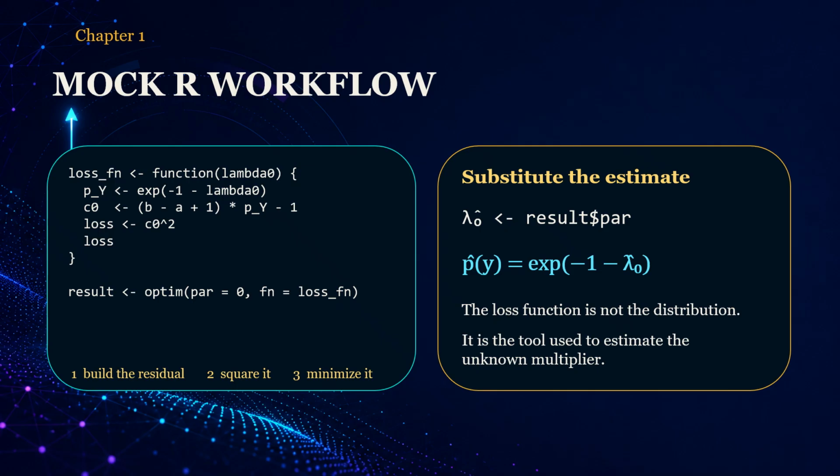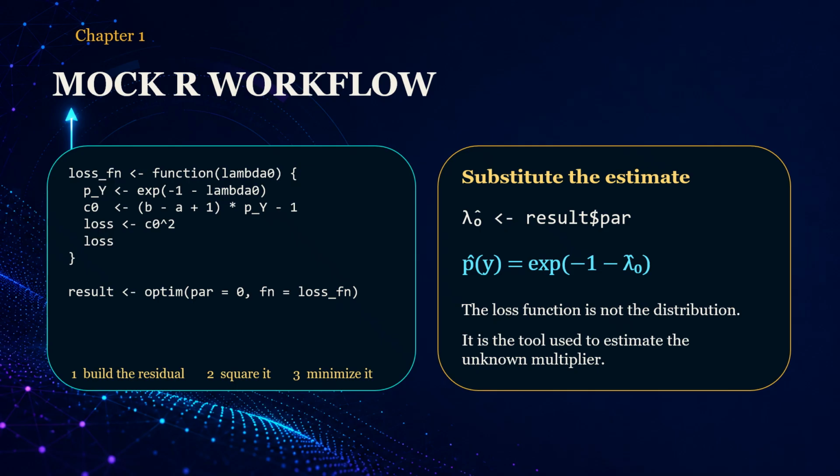Now we pass that loss function to the workhorse of this process, optim, and under fn we pass the loss function. Then optim will go through and give us a solution for any unknown in the loss function, here lambda naught.